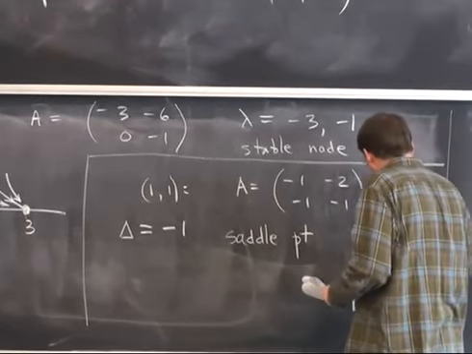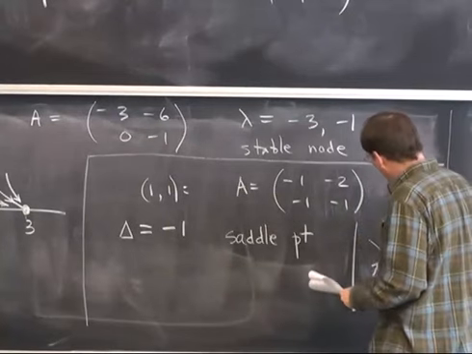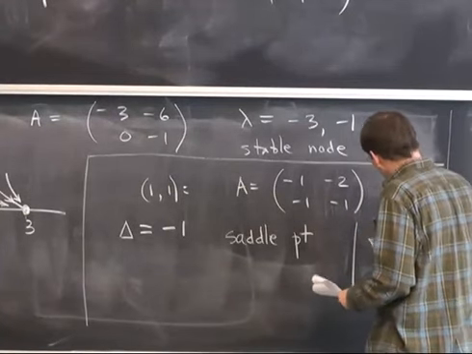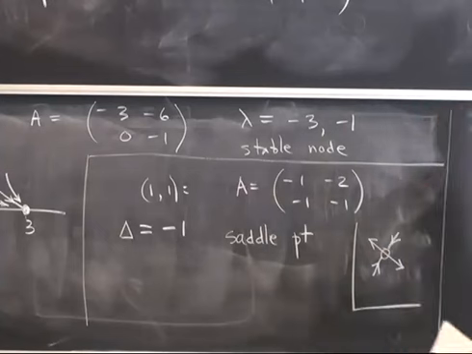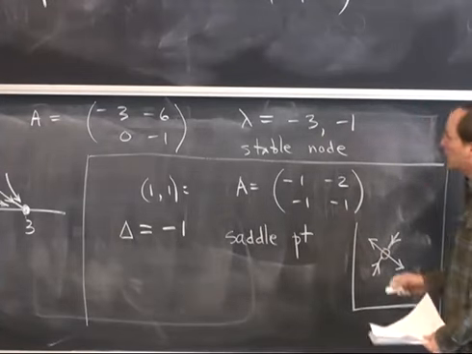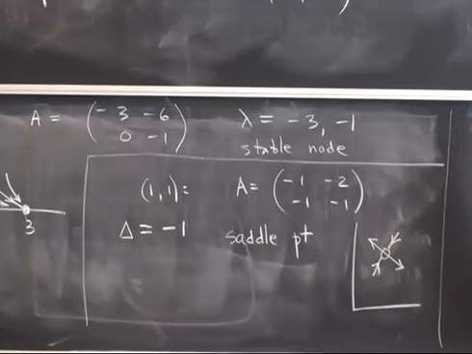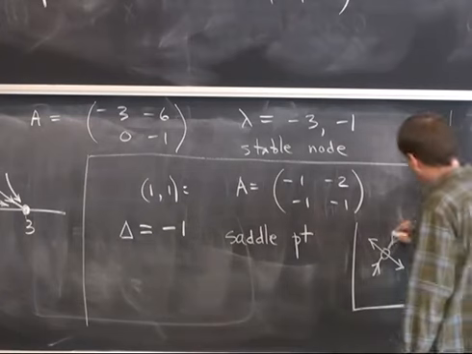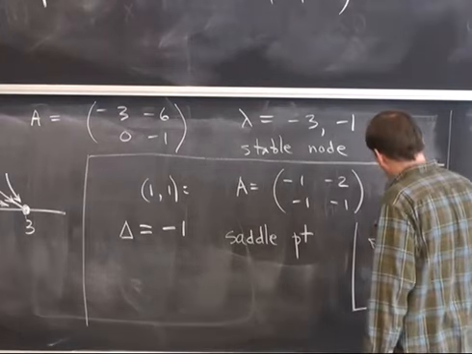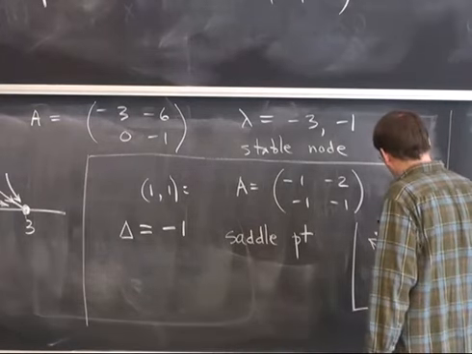The inward direction is sort of like that, and the outward direction is kind of like so. I'm drawing this one as an open dot because it's unstable. Trajectories will go away from there, typically.